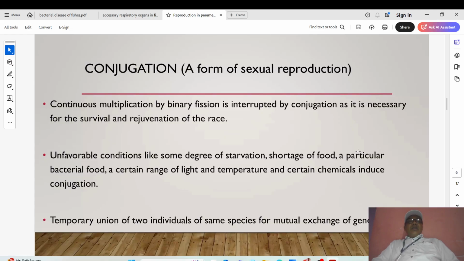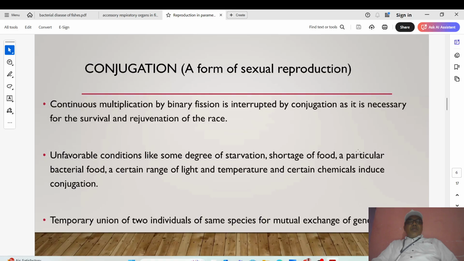In this process of reproduction, it needs two individuals, called conjugant A and conjugant B. Unfavorable conditions like some degree of starvation, shortage of food, a particular bacterial food, a certain range of light and temperature, and certain chemicals induce conjugation.